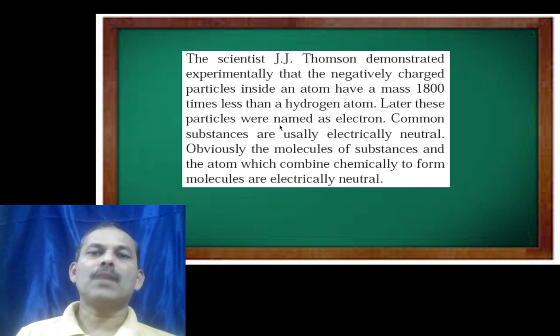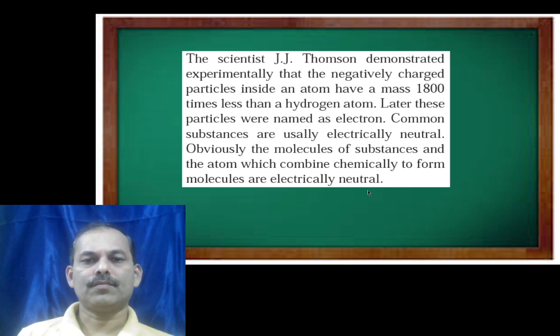Later, these particles were named as electrons. Common substances are usually electrically neutral. Obviously, the molecules of substances and the atoms which combine chemically to form molecules are electrically neutral.